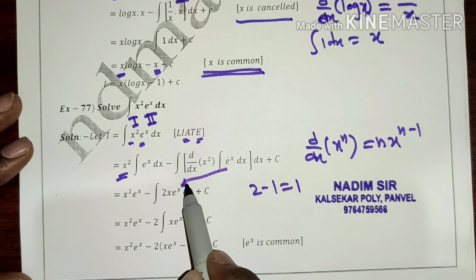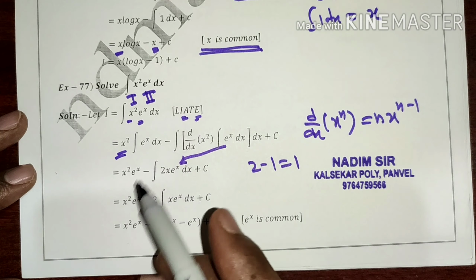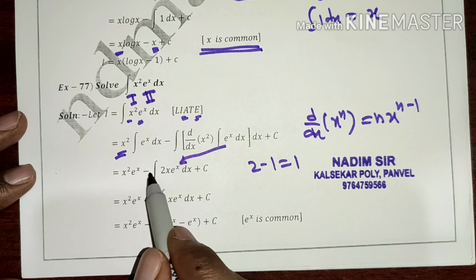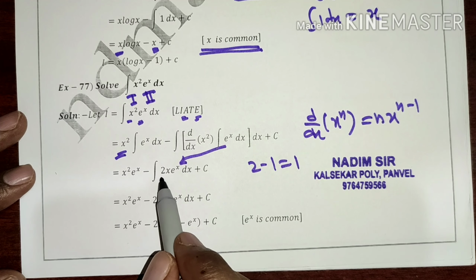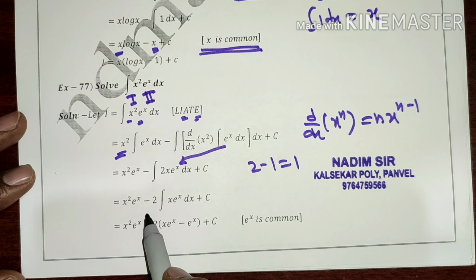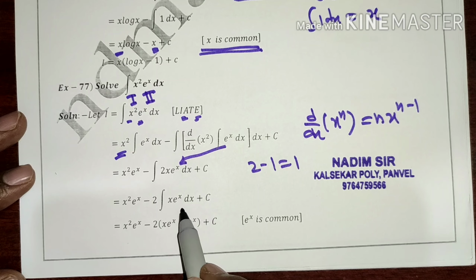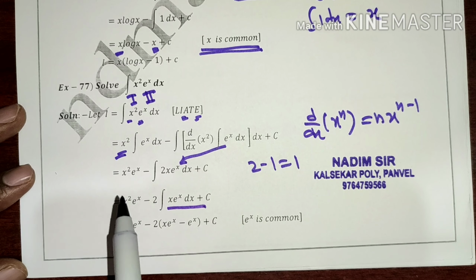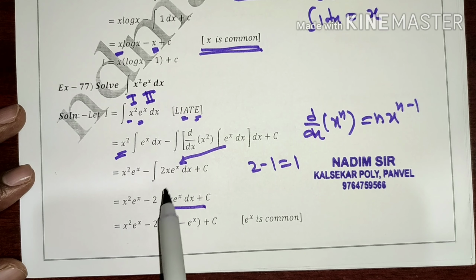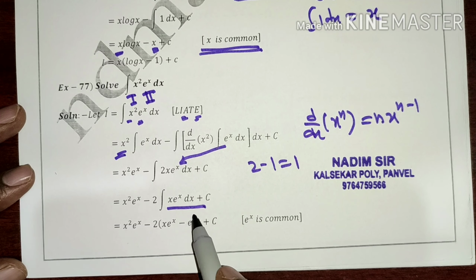Integration of e raised to x is e raised to x. Again we take this 2 outside the integration because it is a constant term. Now integration of x e raised to x: here also we use the Liet rule. In the earlier example we already took the integration of x e raised to x, so we directly write, by the Liet rule, x e raised to x minus e raised to x.